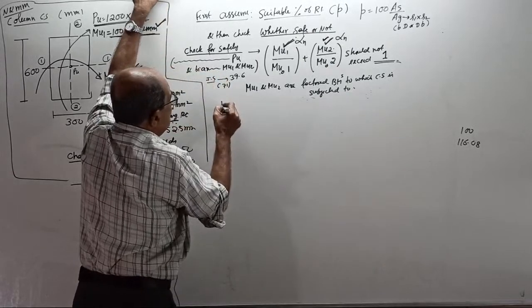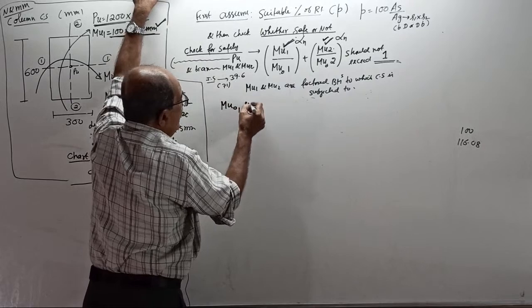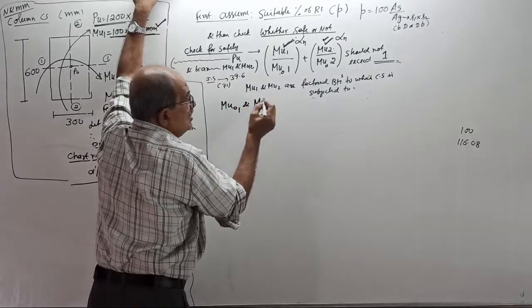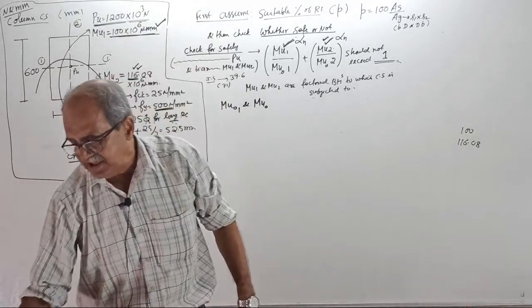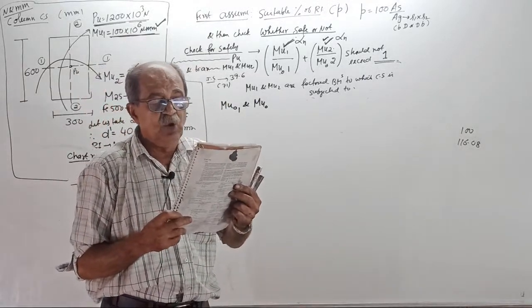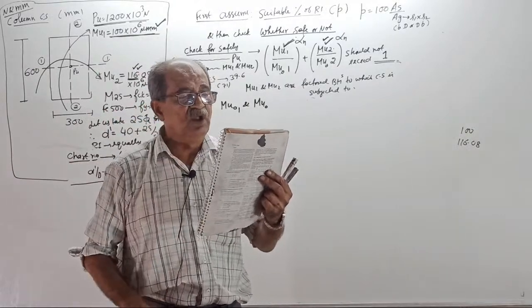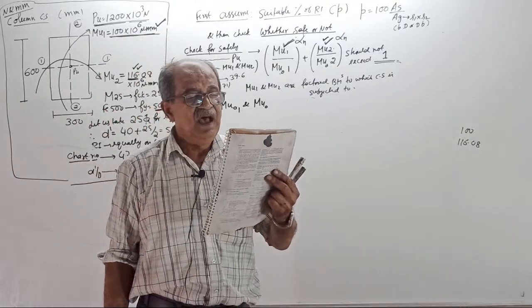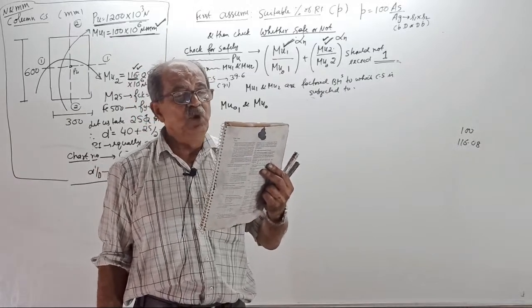And MU, my symbol, MU01 and MU0, not. Our IS code used the suffix 1 and 2. They told one of them MUX, MUX1, and the other MUY, MUY1.